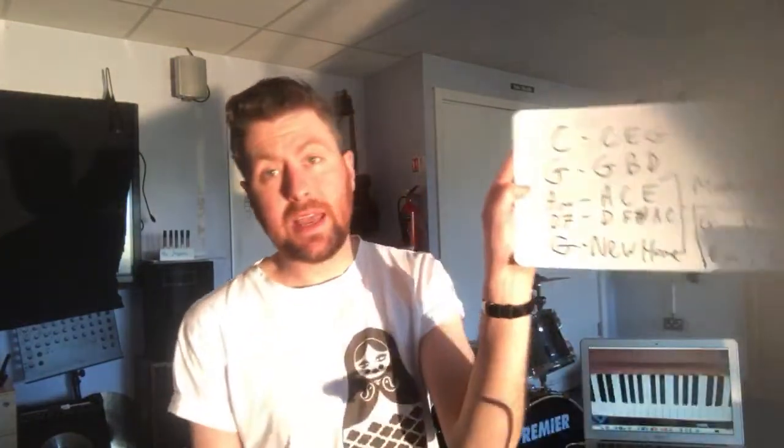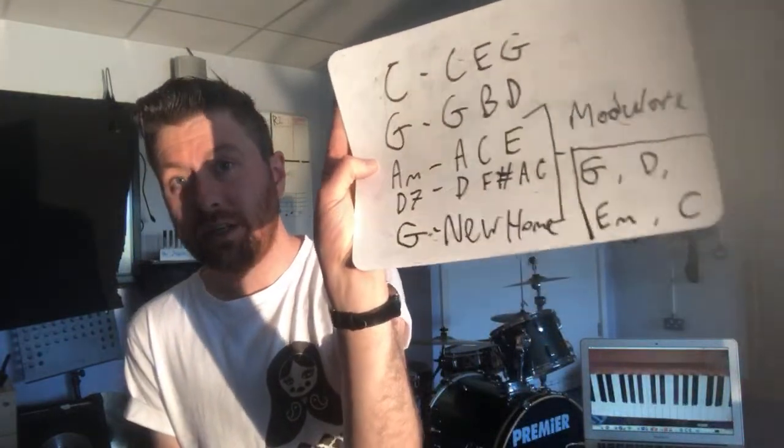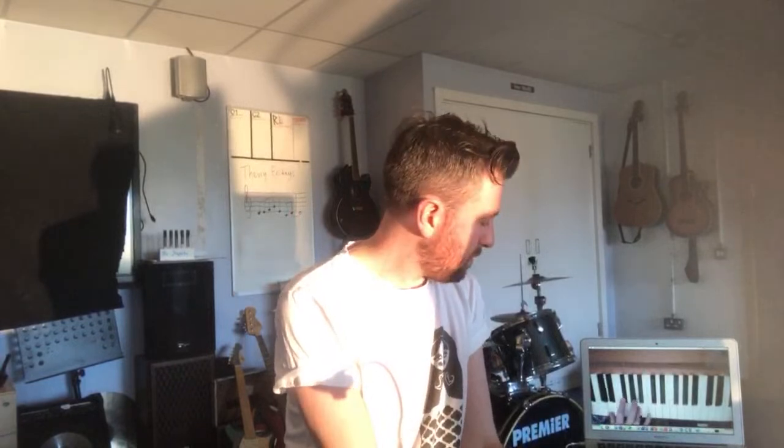So 4 chords with a modulation using a 2-5-1 progression, a modulation into the key of G. See that new G chord, that feels like home now. That has a sense of home to it now.